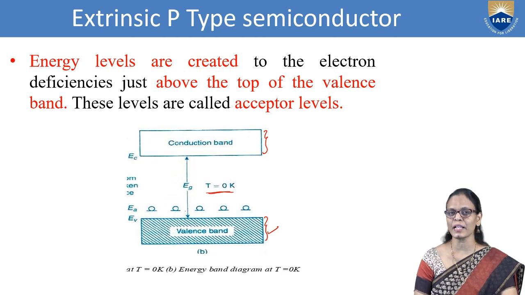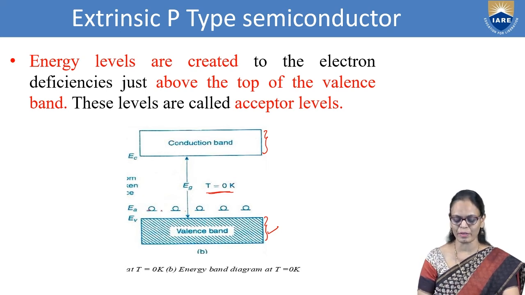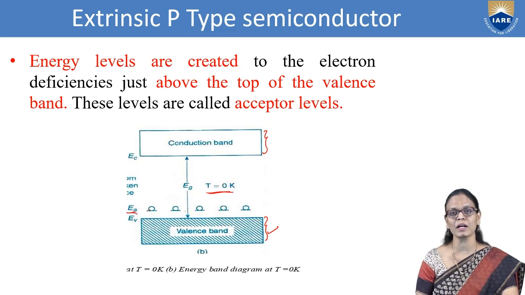Because of doping, here meaning addition of an impurity, we have added a trivalent impurity, and because of the trivalent impurity there are holes that are formed because there is a deficiency of electrons, and the energies corresponding to these holes are denoted by EA. EA here represents the acceptor level.